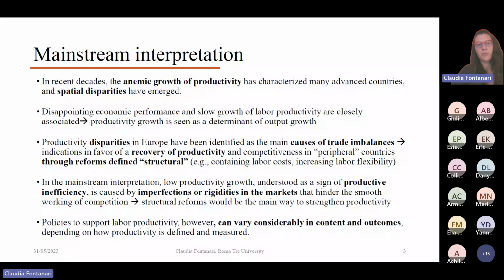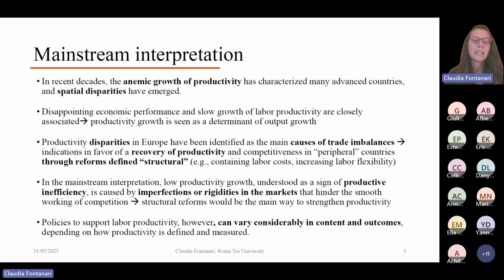Very quickly, we start by seeing how labor productivity is differently conceived within different theoretical frameworks. We all know that in recent decades, many advanced economies have been characterized by an anemic growth of productivity, and we have also seen that spatial disparities emerged between countries and regions.